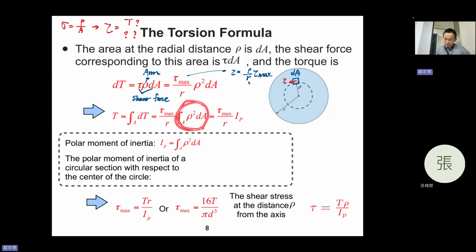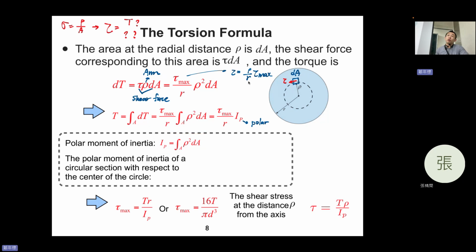This is the ugly form, so I just make it IP. The P here means polar, 极坐标的意思. What is I? I is called the moment of inertia, 惯性矩. Polar moment of inertia, 极惯性矩.